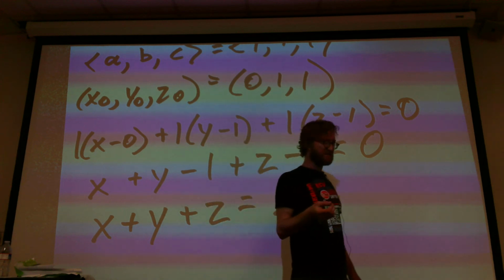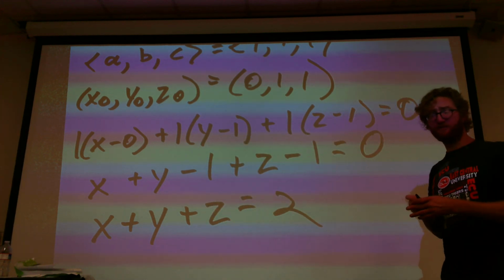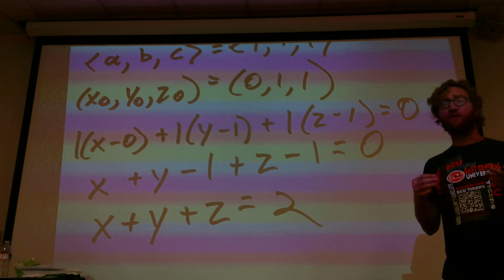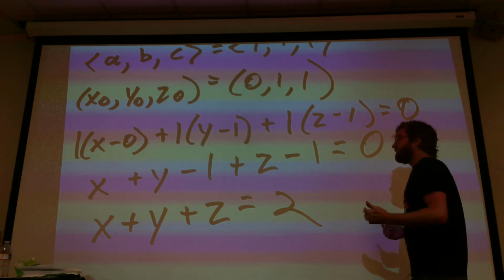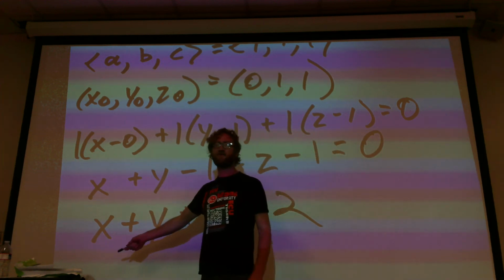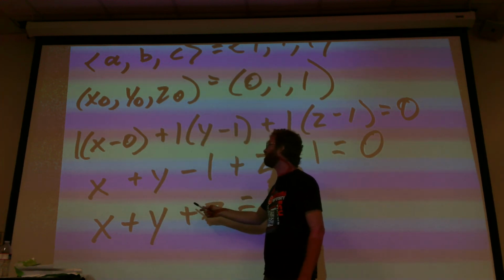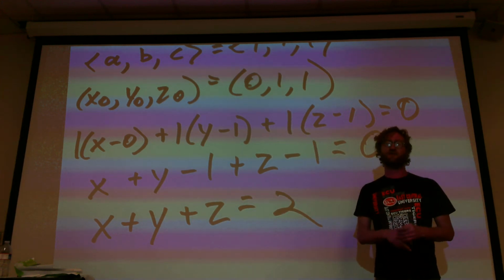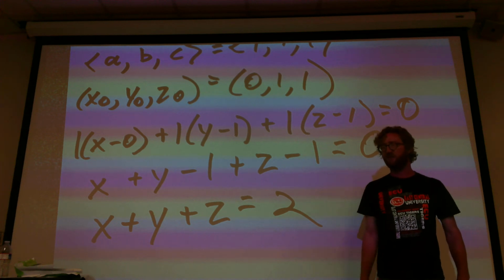That is the vector that's pointed the opposite direction. It's still perpendicular to the plane. And so if you decided to do it in that way, you would end up with -x minus y minus z equals -2. It's the same equation. It's equivalent to just multiplying both sides of the equation by -1.